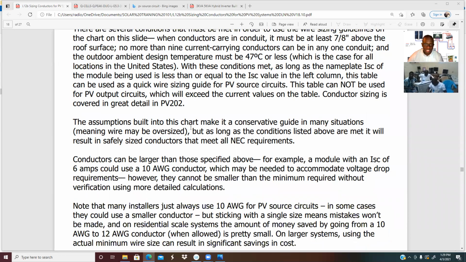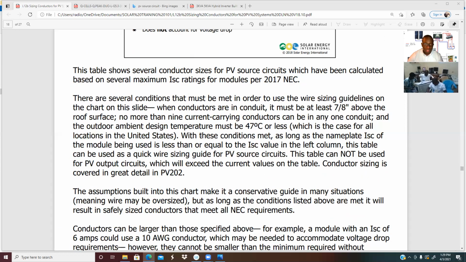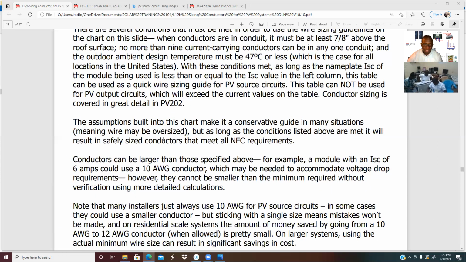Assumptions built into this chart make it a conservative guide in many situations. Meaning wire may be oversized, but as long as the conditions listed above are met, it will result in a safe size conductor that meets all NEC requirements.